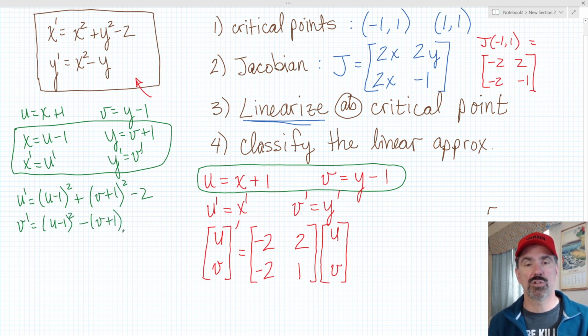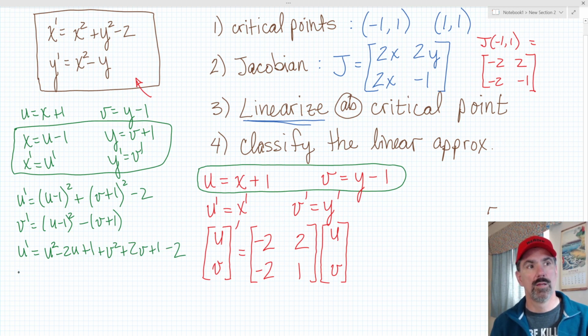So all I've done is transform the system from x's and y's to u's and v's. Continuing, u prime is equal to u squared minus 2u plus 1 plus v squared plus 2v plus 1 minus 2. Similarly, v prime is equal to u squared minus 2u plus 1 minus v minus 1.